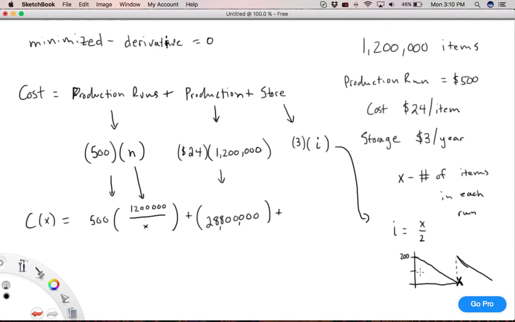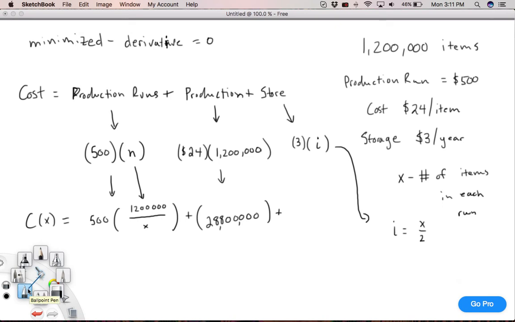Okay, so on average, at any given time, you would have 100 items in the warehouse. And so that's just an assumption that we're going to have to make, and that's going to carry over to other problems like this. So the number of items that you're storing at any given time is going to be about half the number of items in each production run. So we're just going to say that this storage cost is going to be $3 times x over 2.